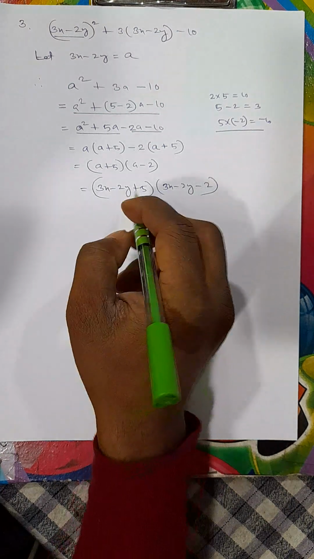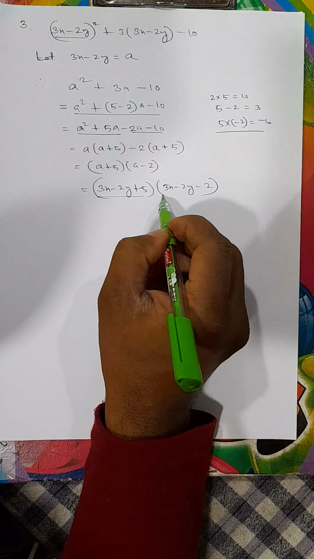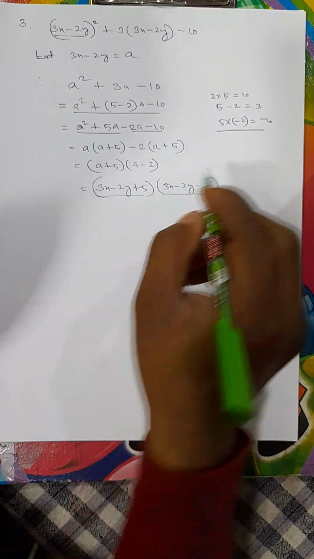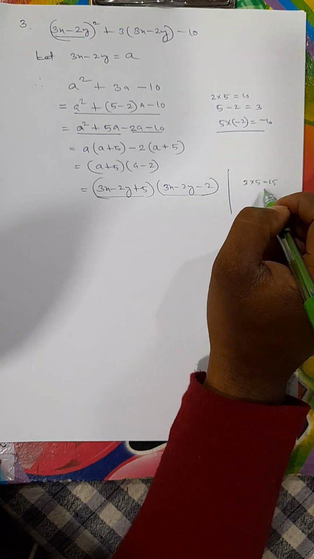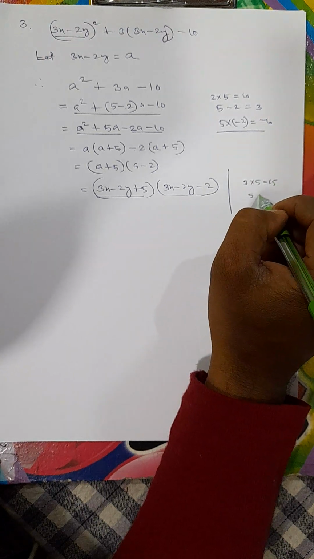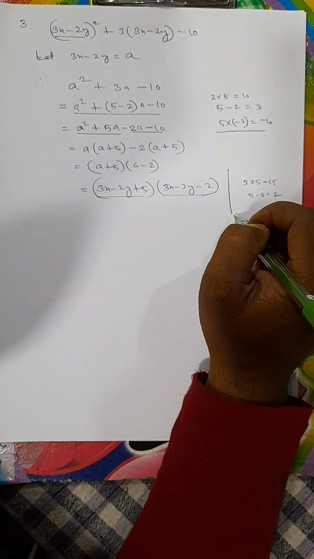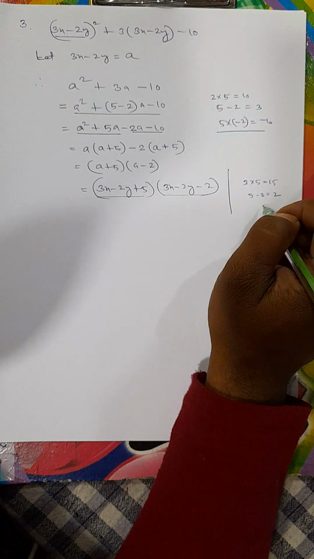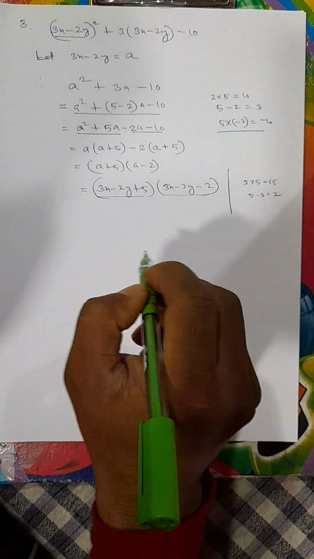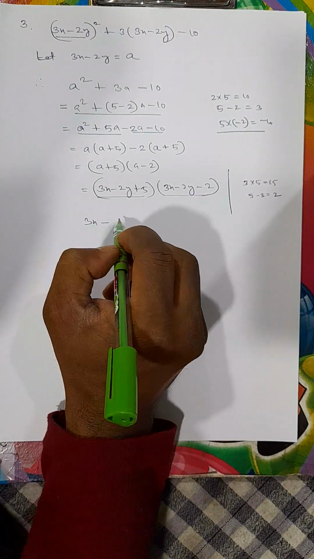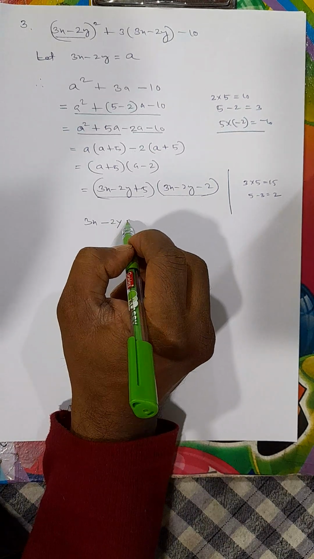Again, can we do middle term splitting here? Maybe we can factorize this too. Let's see, 3 5s are 15, and 5 minus 3 equal to 2. So let us do it. Suppose 3x minus 2y plus 5.